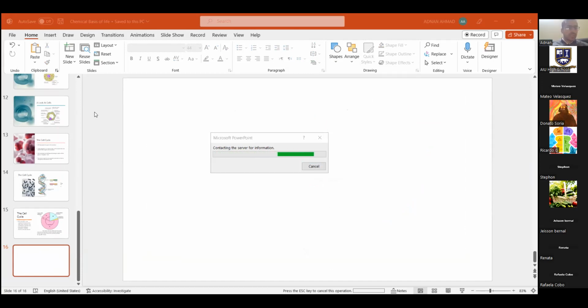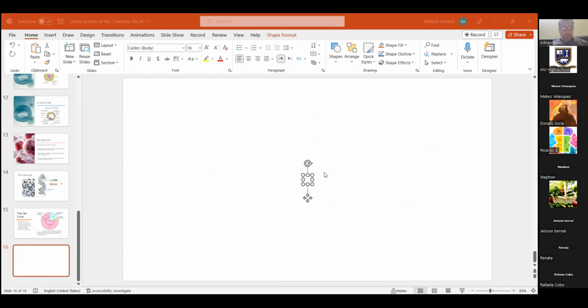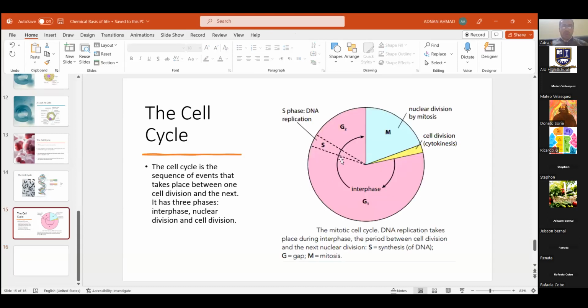The G2, yes, of course. Once the DNA is replicated in the S phase, it is rechecked in the G2 phase, okay?